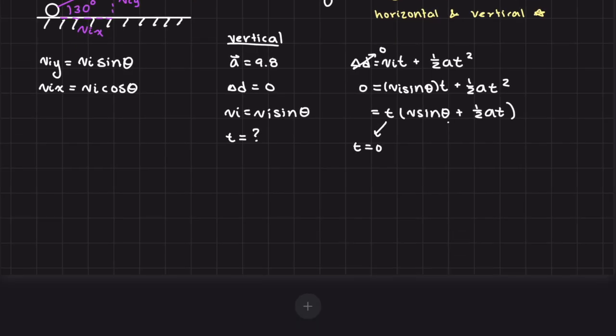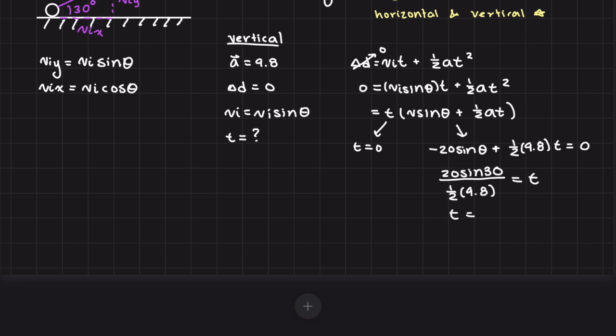One where t is equal to 0, because that's another time at which our height is 0. And then we can pull that out and sub in our known information. We know that our velocity is 20, but since we set downward as positive, we have to make our 20 a negative number. Then we can isolate for time, and we're left with this equation, which solves exactly for t, where we get t is equal to 2.04 seconds.